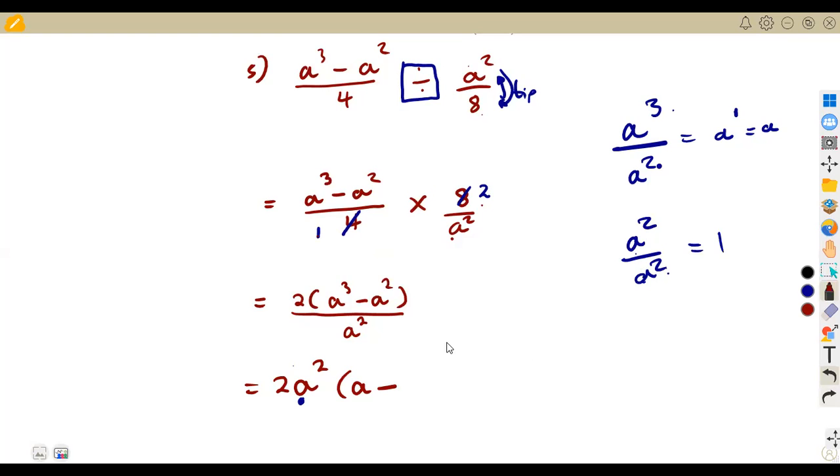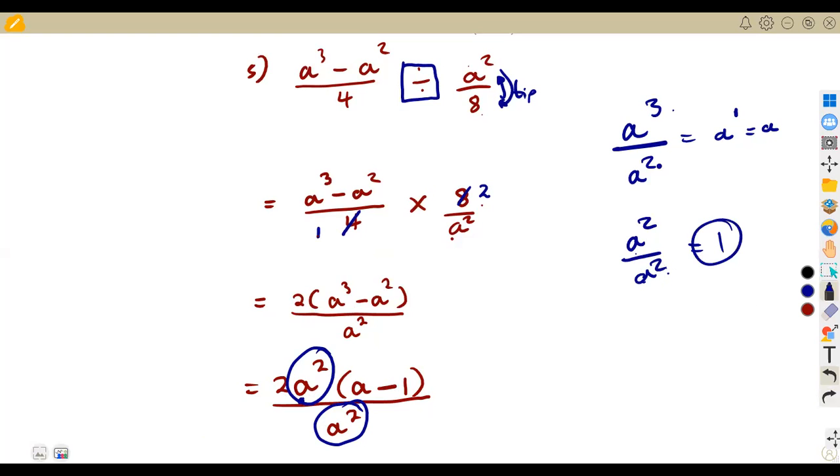So here we are going to get a 1, all right? Everything over a to the exponent of 2. So we are going to have our answer with the denominator having a to the exponent of 2. But we can see that this a to the exponent of 2 and this a to the exponent of 2 are the same, just like what we had here.